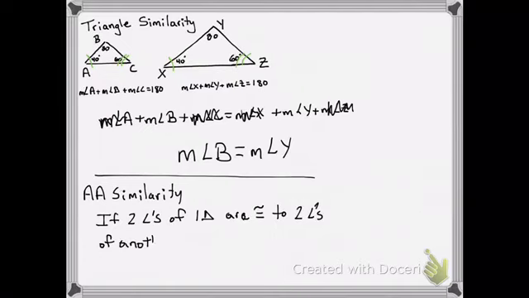We know the third angles would also be the same, but that's not what this theorem is going to tell us. If I have two angles of one triangle congruent to two angles of another triangle, I'm guaranteed the third angles will also be congruent, and then that's going to mean that the triangles are similar.